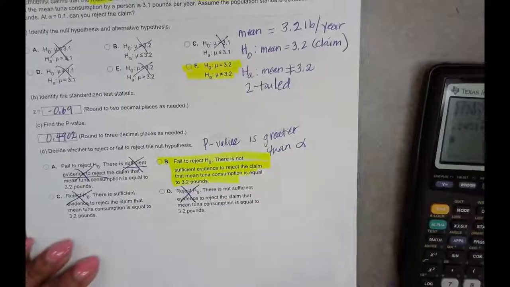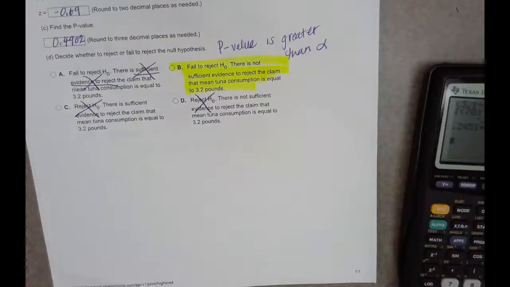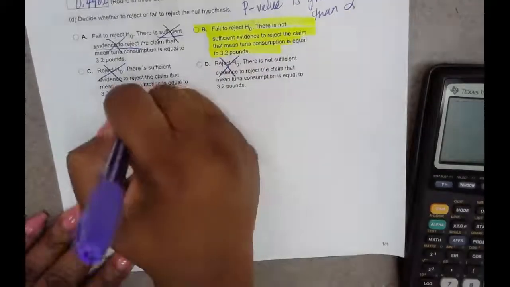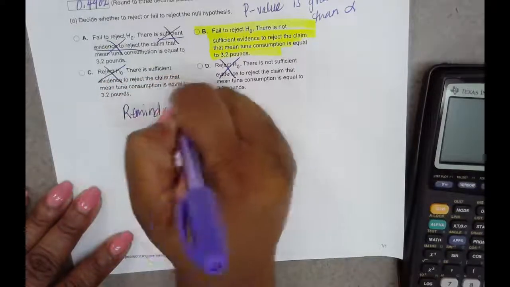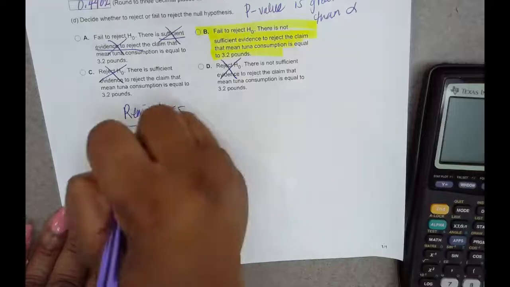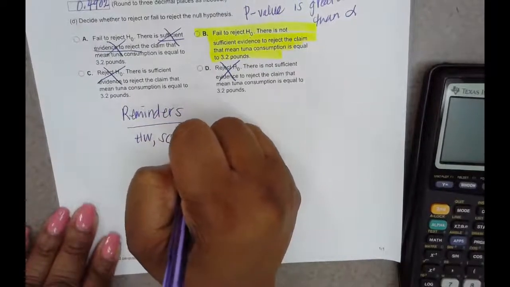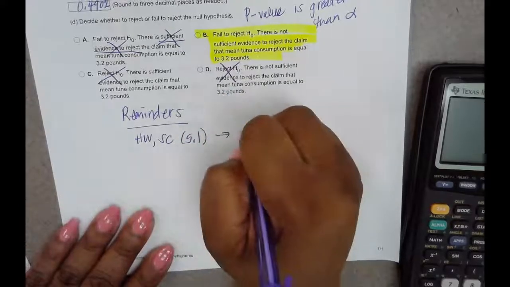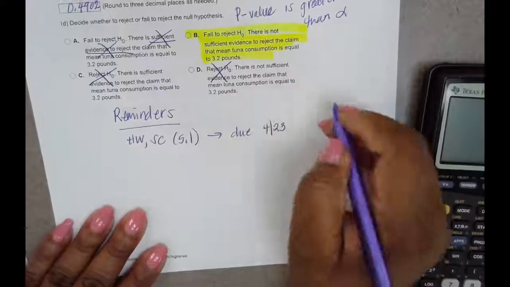Okay, y'all. Here's just some information for the week. Reminders, and I will send this in an email as well. So homework and self-check for 5.1 will be due on 4/23.